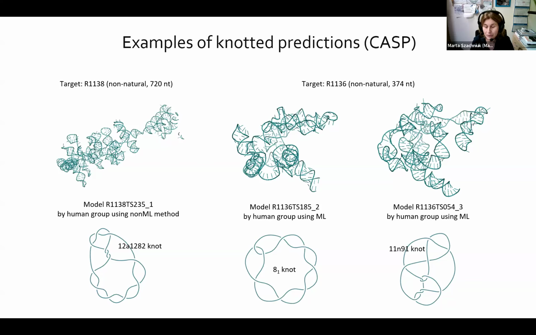We just wanted to find out whether there is any tendency in machine learning or non-machine learning methods to predict knotted or unknotted structures. So that's what I wanted to show here: that human groups using machine learning and using non-machine learning methods can still predict structures with quite complex topological knots.